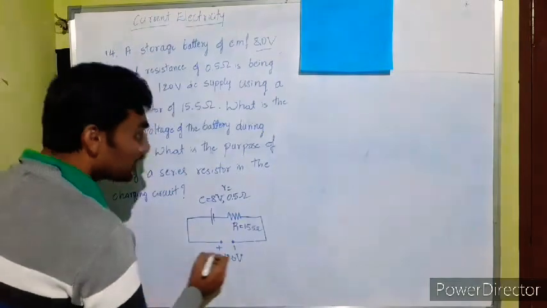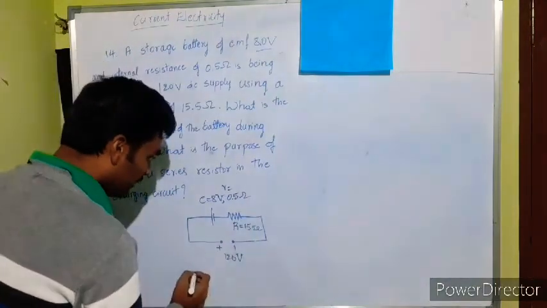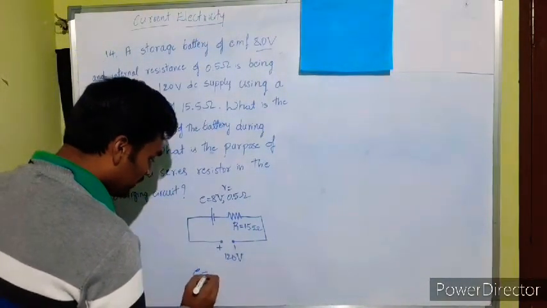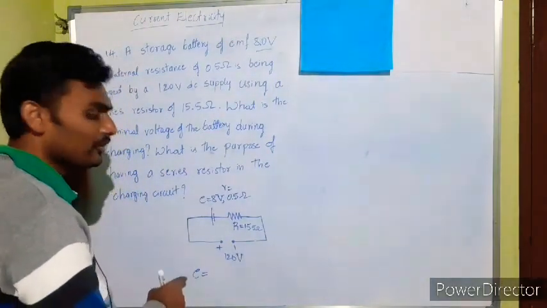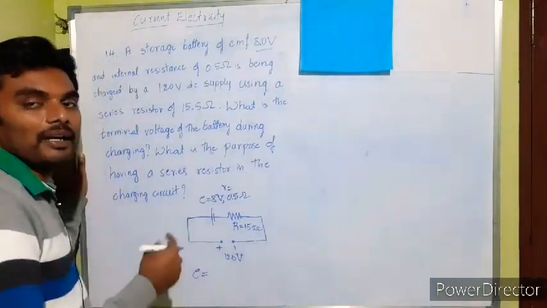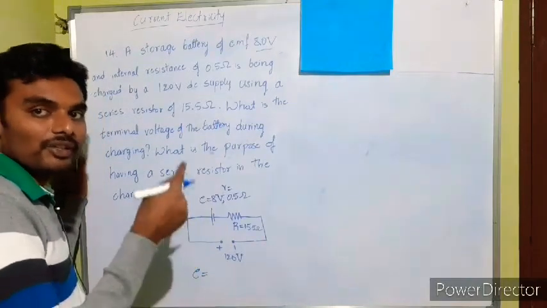So writing the given data separately, I have the EMF of the battery getting charged. Okay, we always represent the EMF of the battery getting charged using small e.